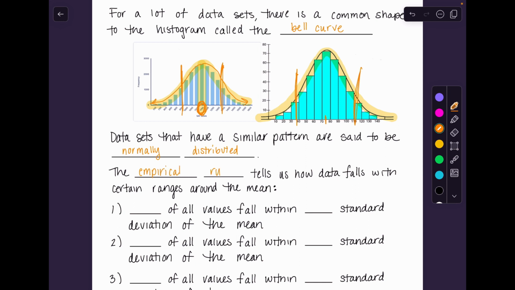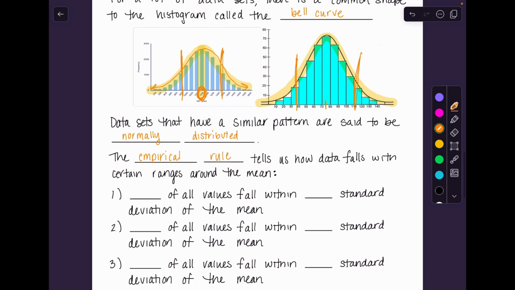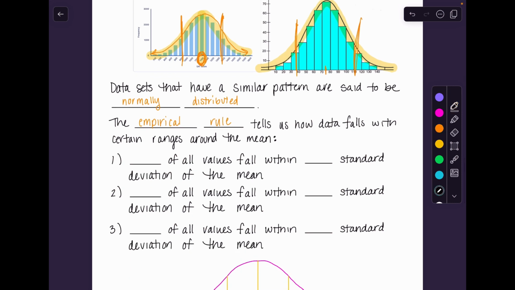The empirical rule tells us how data falls within certain ranges and around the mean. So first and foremost, if you look at your data, 68% of all of the values will fall within one standard deviation of the mean.